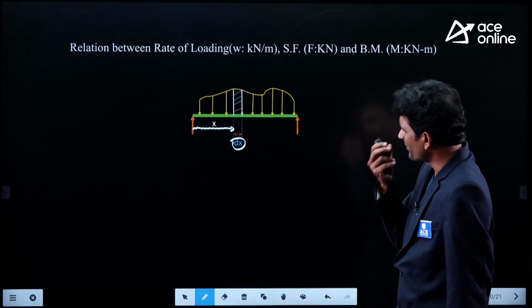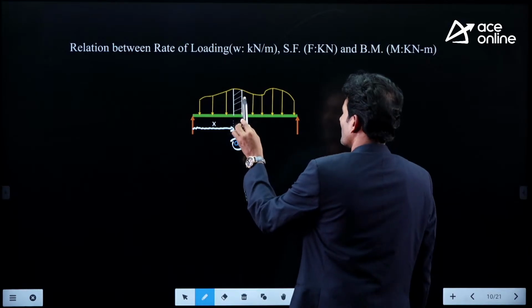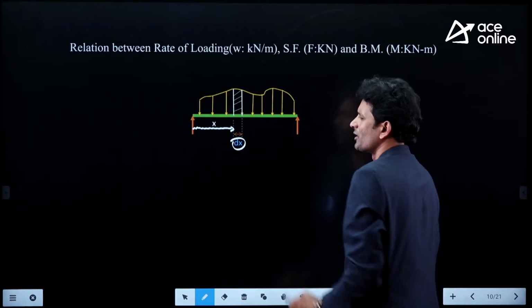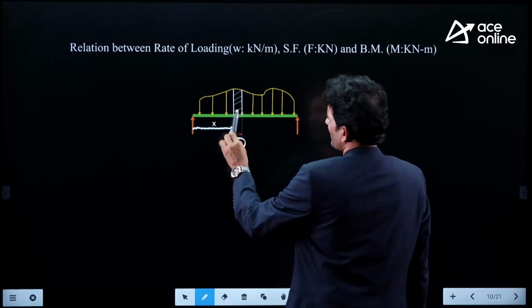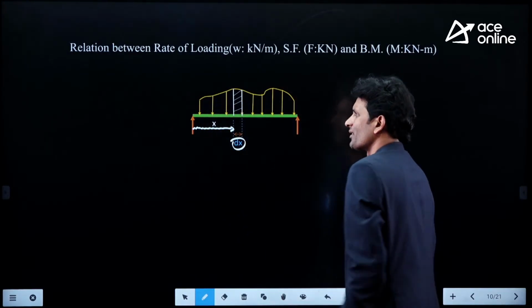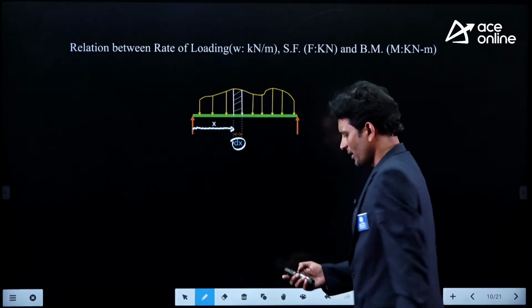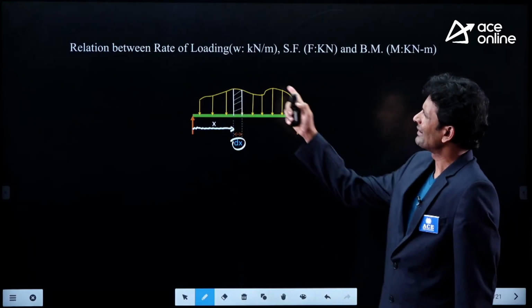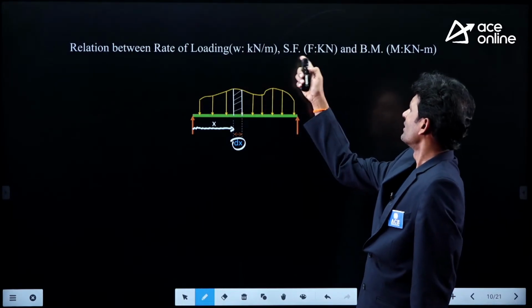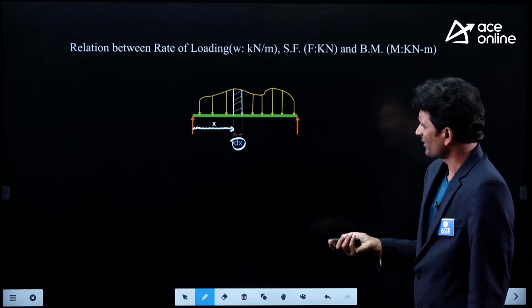Now I try to observe the forces acting on the left hand side and right hand side of this particular element, as well as the moments acting on the left hand side and right hand side of this element. As we know, this element is under equilibrium condition. To get the relationship between these three parameters, we are applying the equations of equilibrium. Let us see that.